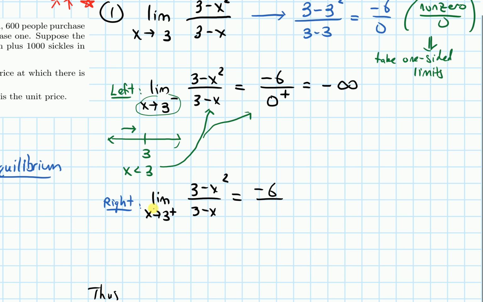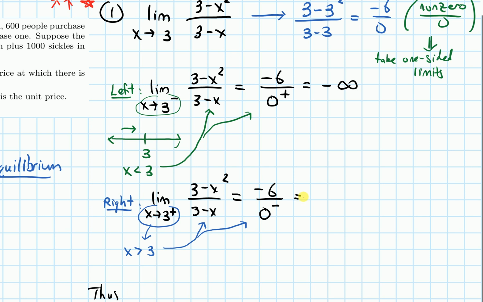This time let's do it without the number line. If x is approaching 3 from the right, that means x is bigger than 3. If you plug in a number bigger than 3, like 3.1 or 3.01, it makes the denominator get really close to 0, but it's negative now. So I put a little negative sign in the exponent.